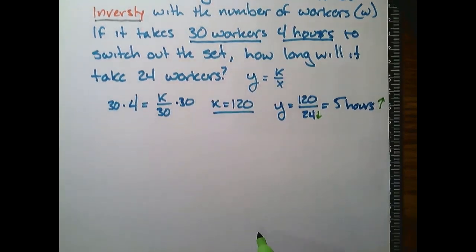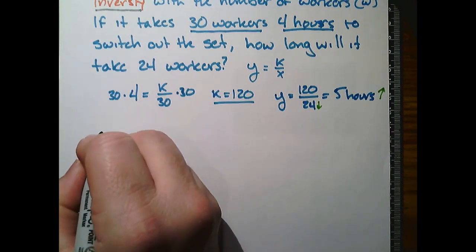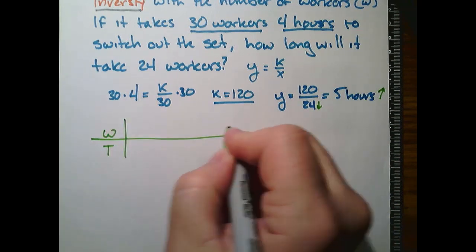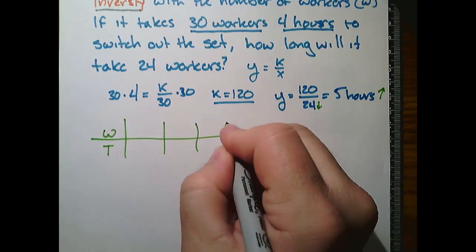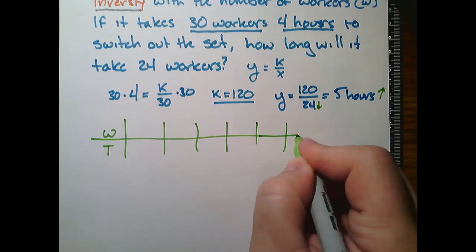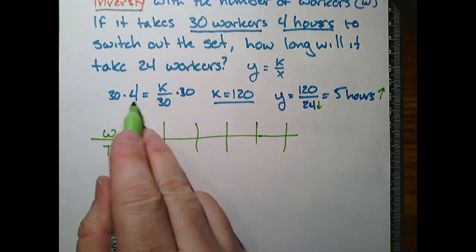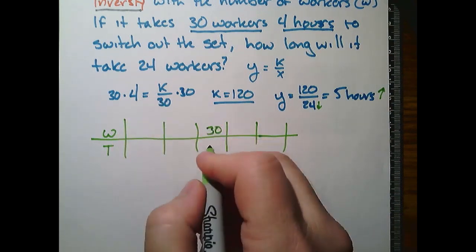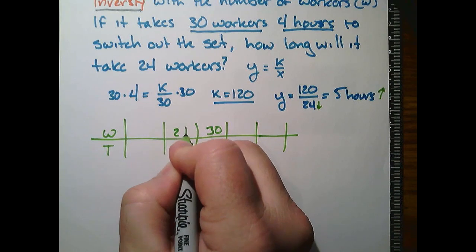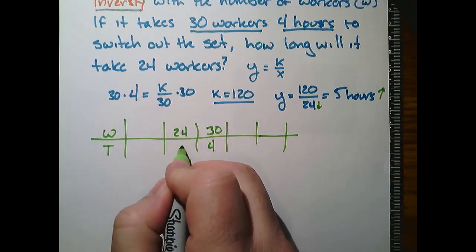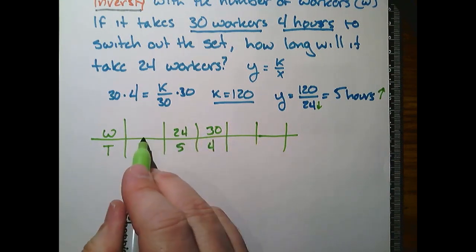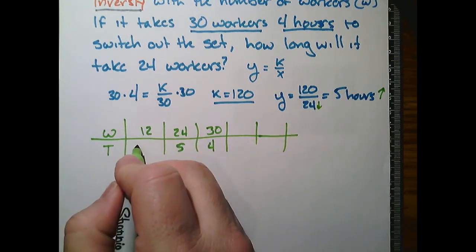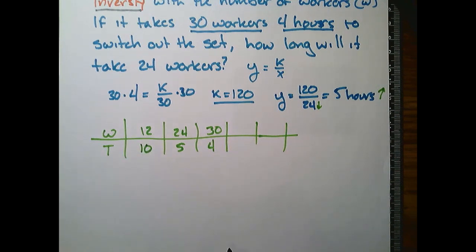And if we do a table, so we have workers and time, and we already have 2 pieces of our information. I'm just going to do a couple more just to show you how this looks. So we know 30 workers is going to take us 4 hours. 24 workers is going to take us 5 hours. If we go down to 12 workers, that's going to take us 120 divided by 12, 10 hours.